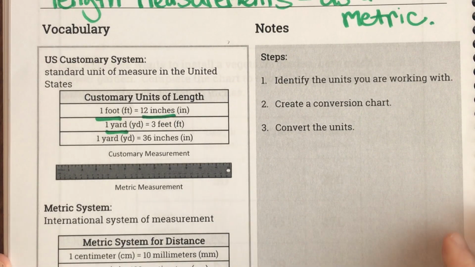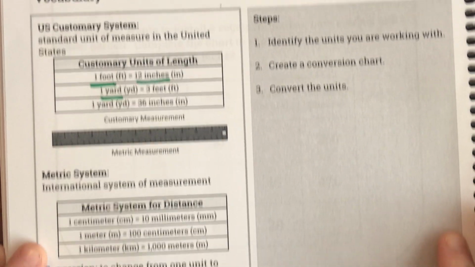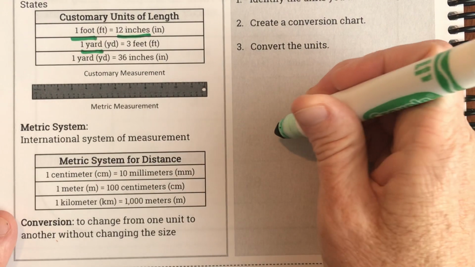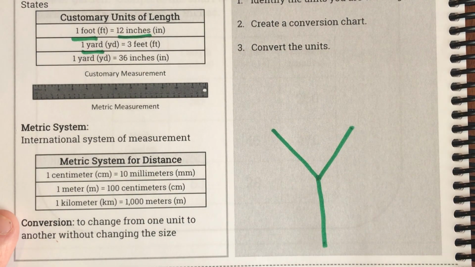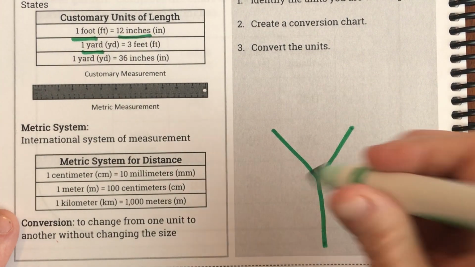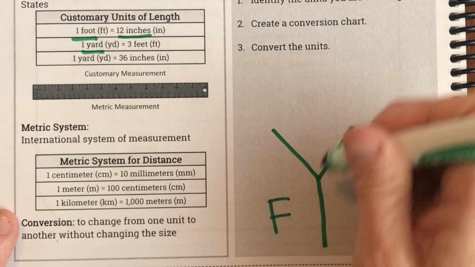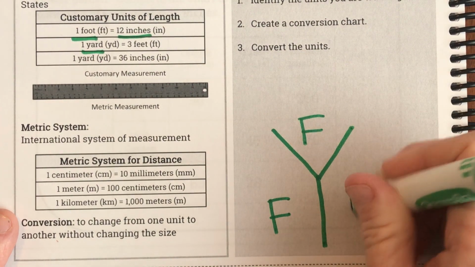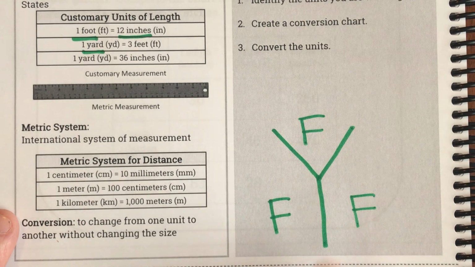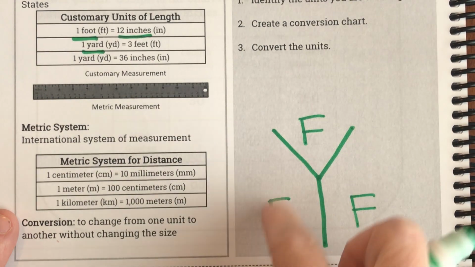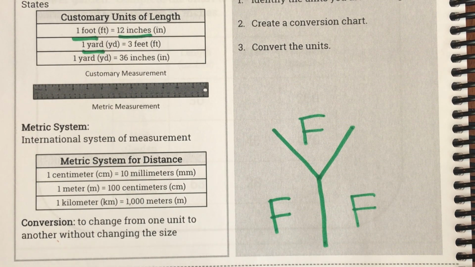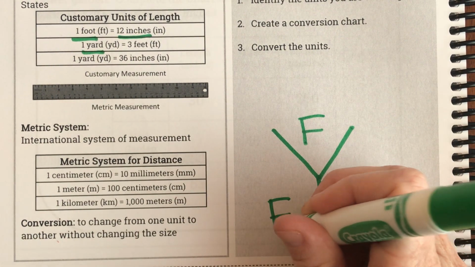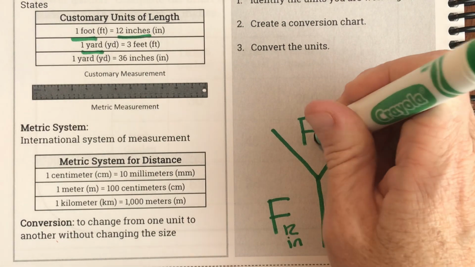So I like to do this drawing, and I'm going to do it down here where I have some extra room. I always think of 1 yard, and 1 yard is the same as 3 feet. They have the same value. So in 1 yard, there's 3 feet, and in each foot, there are 12 inches.